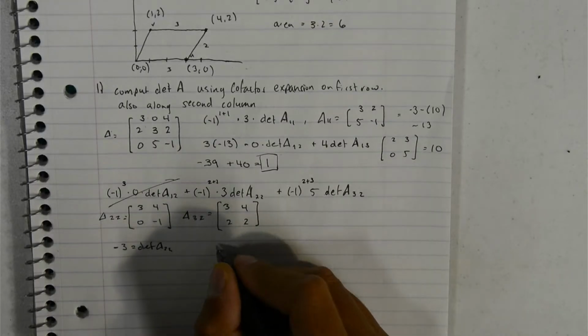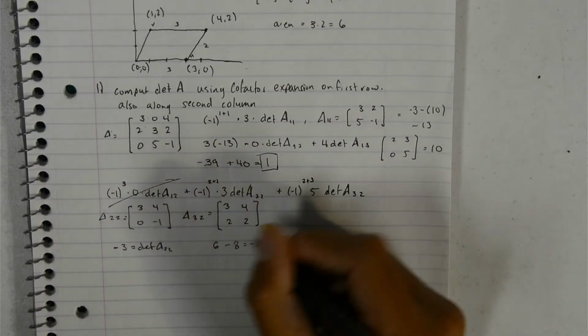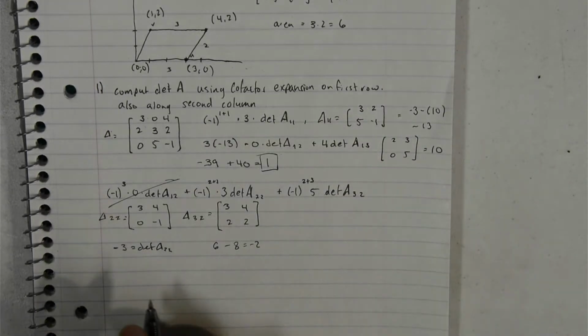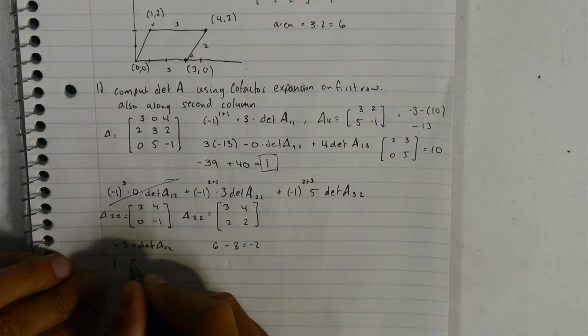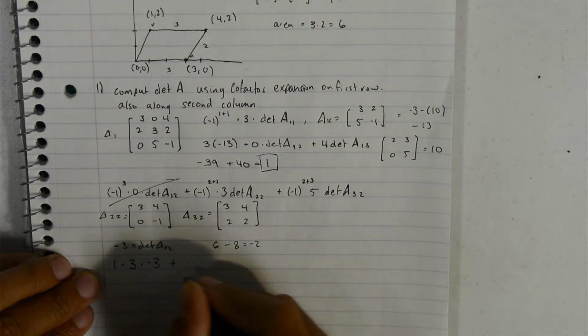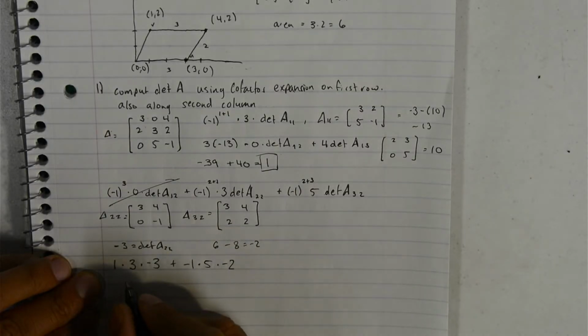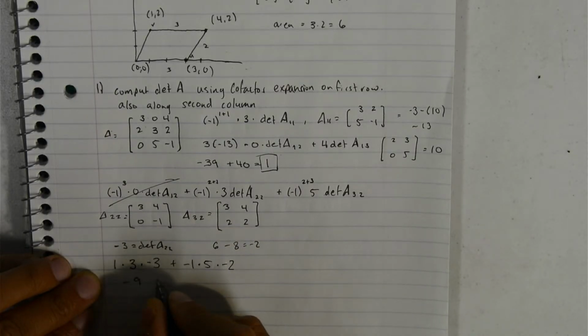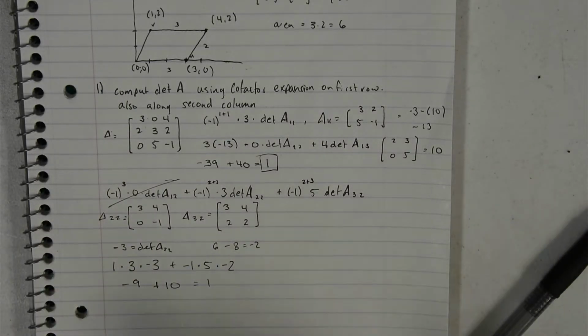This one is going to be 6 minus 8 is equal to minus 2. All right. So our final expression is going to be 1 times 3 times minus 3 plus minus 1 times 5 times minus 2. So this is going to be minus 9 plus 10 equal to 1. Let's double check that, but I think that that is what we have.